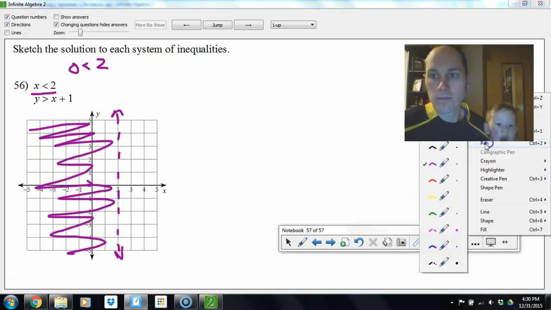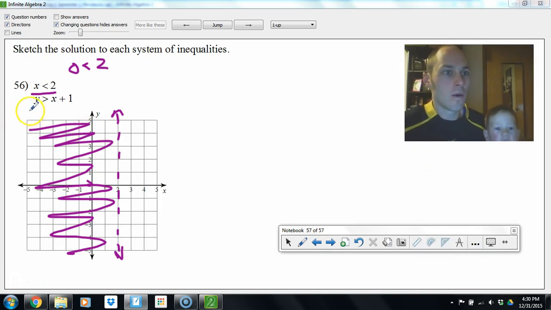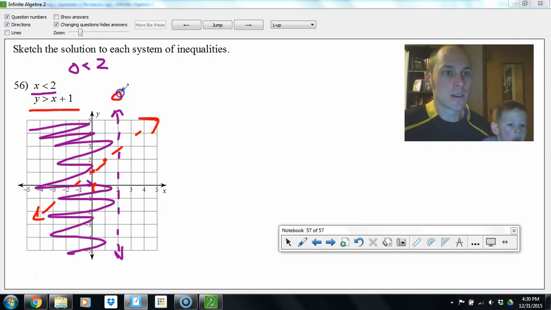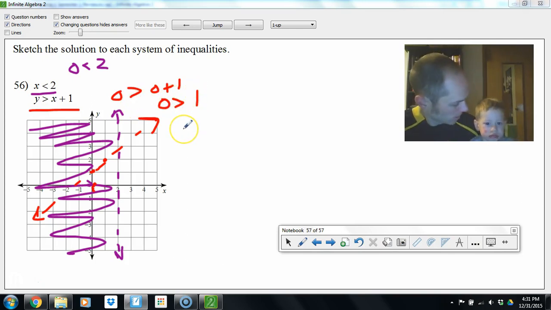Then the next one, y is greater than x plus 1, intercept of 1, slope of 1. That also is a dashed line. And we can choose a test point of 0, 0. Is 0 greater than 1?